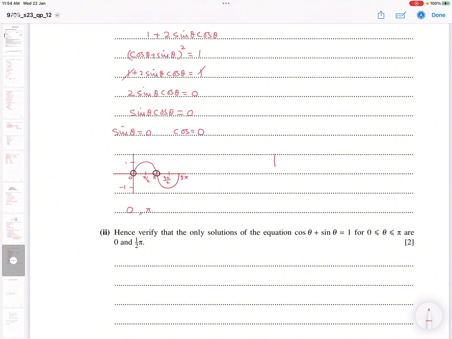And let's quickly make the cos. This is 0, 90 means pi by 2, and here is your 1, here is your negative 1, here your 0, 180 means pi, here is your 3 pi by 2, which is 270, and here is your 360, which is 2 pi.